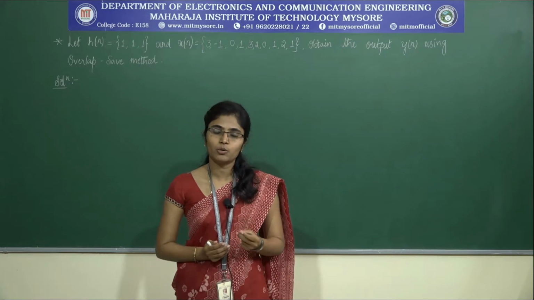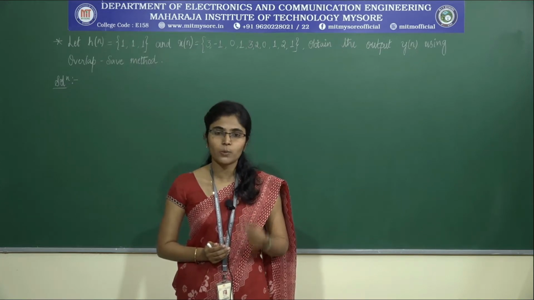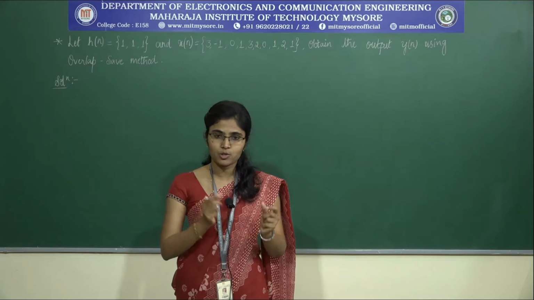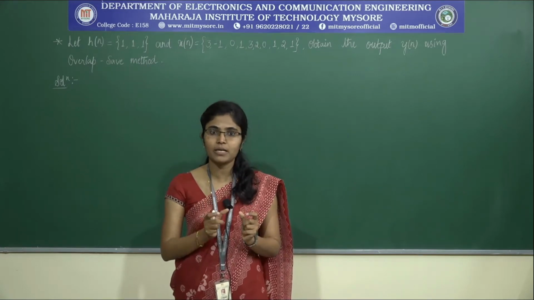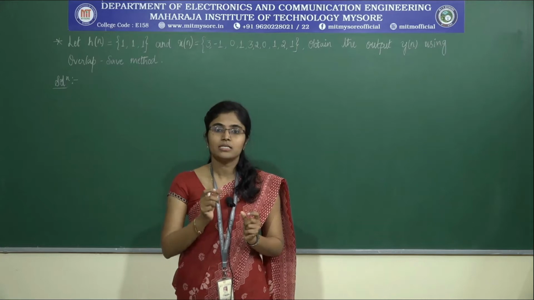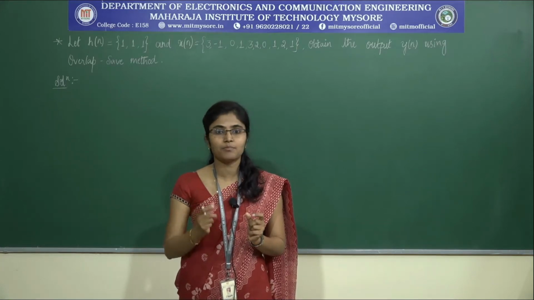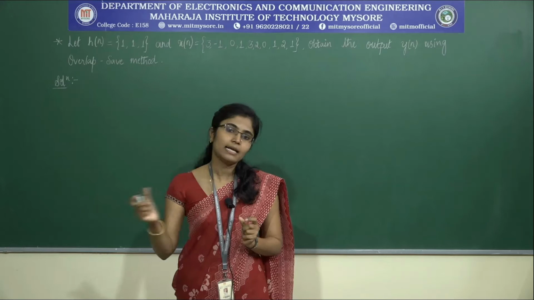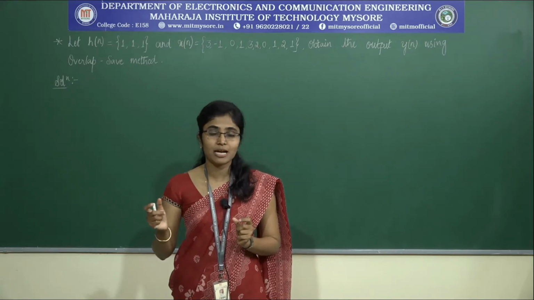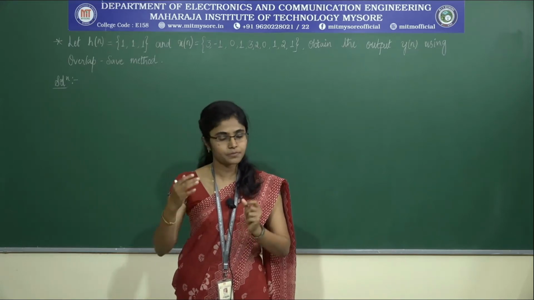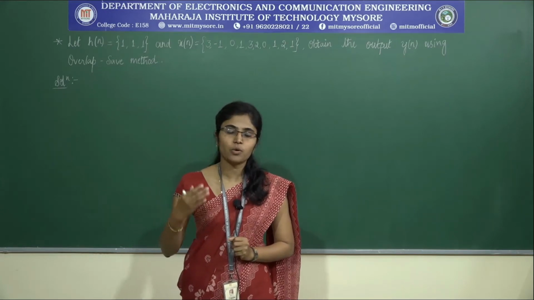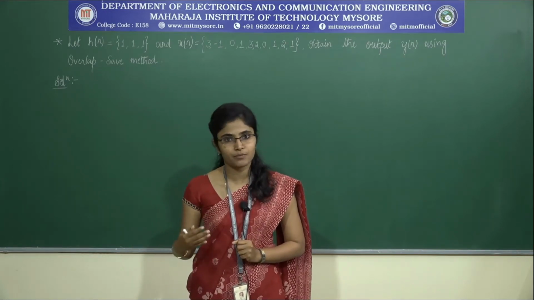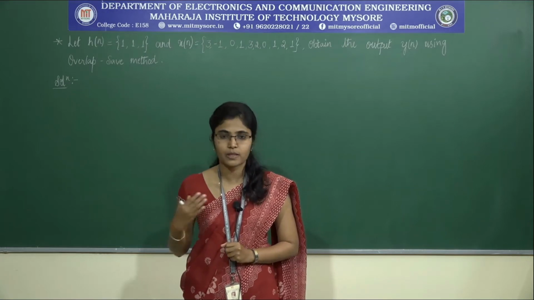Later, to find x2 of n, in the beginning of x2 of n we appended the last M minus 1 samples of x1 of n, and then wrote down the samples that were in x2 of n only. The same thing we continued. Later we found y of n with the help of circular convolution, that is the matrix method.